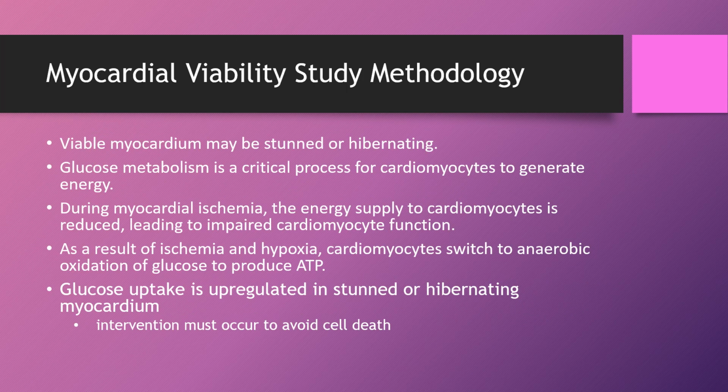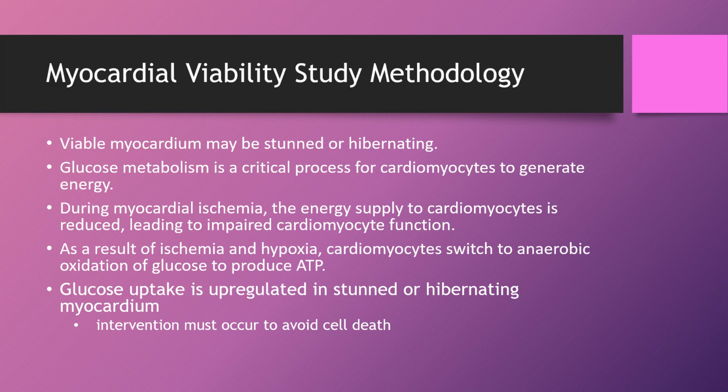So this is the methodology for myocardial viability studies. The viable myocardium may be stunned or hibernating. Glucose metabolism is a critical process for cardiomyocytes to generate energy. During myocardial ischemia, the energy supply to the cardiomyocytes is reduced, leading to impaired function.